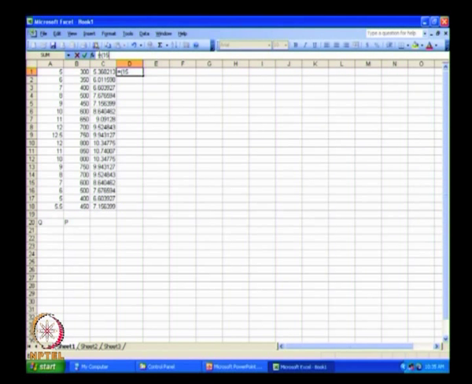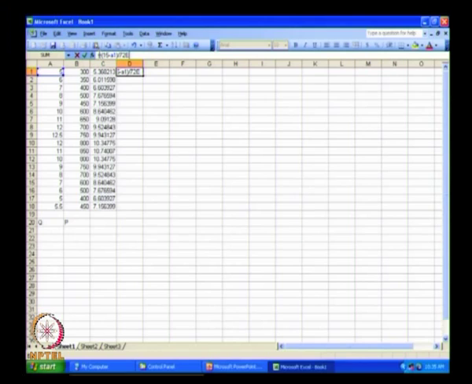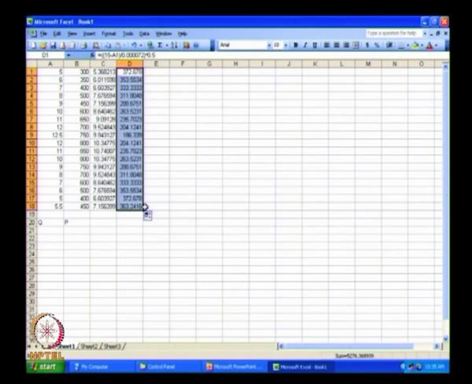15 minus A1. Is it correct? Okay, now what is the big deal?